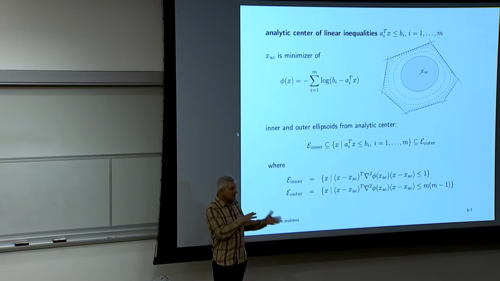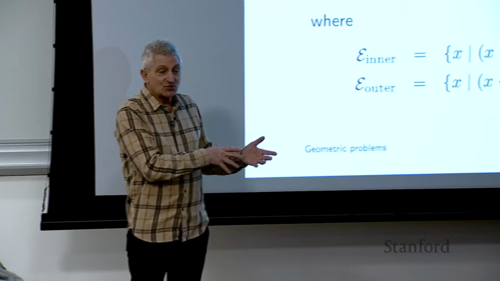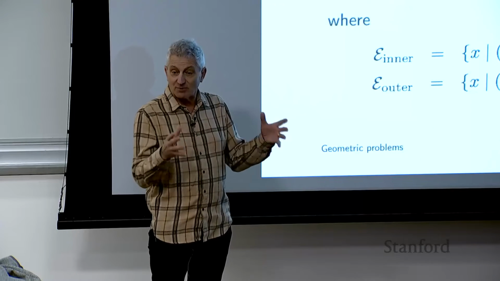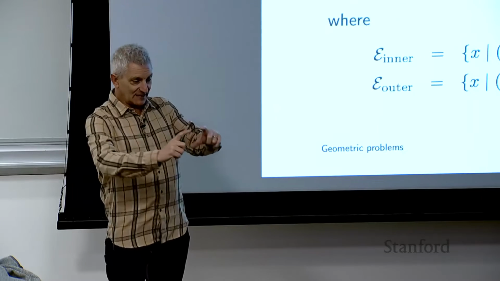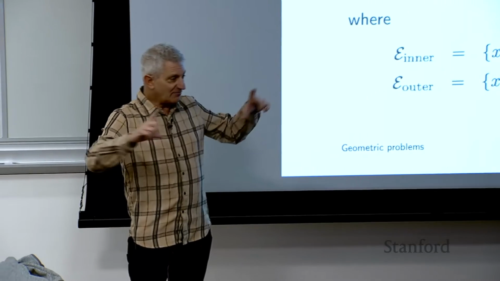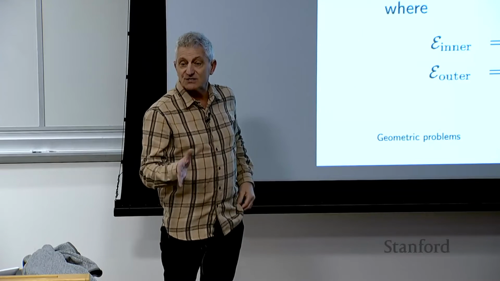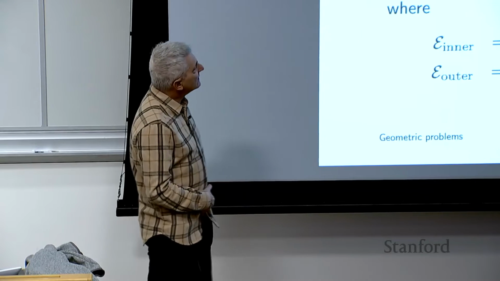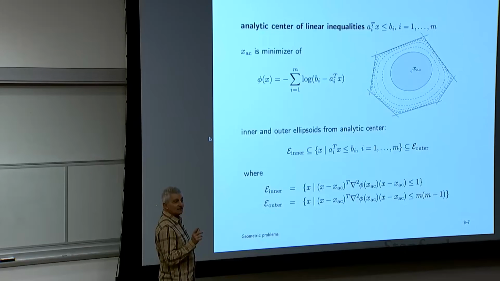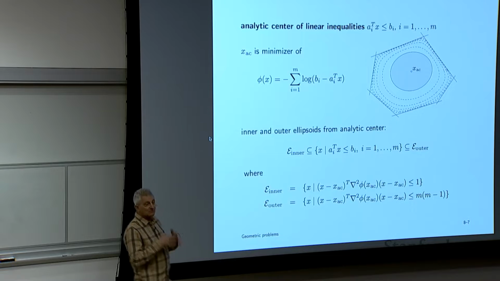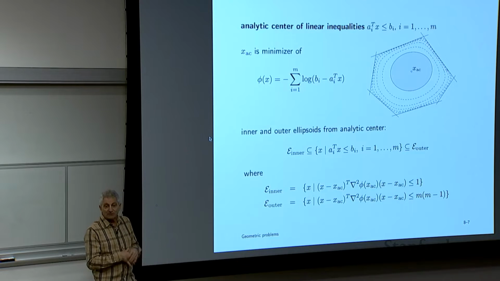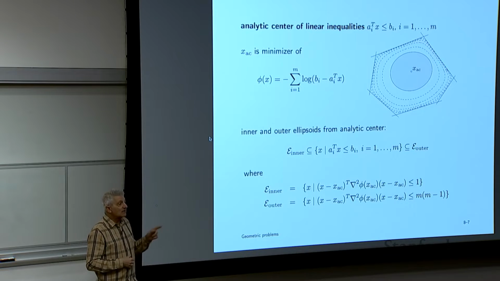Basically, the ellipsoids defined by analytic centers also have this approximation property. It gives you an inside ellipsoid, and when you puff it up by a factor, it covers the set. Remember that for the Löwner-John ellipsoid, the minimum volume covering ellipsoid or the maximum volume inscribed ellipsoid, the approximation depended only on the dimension.